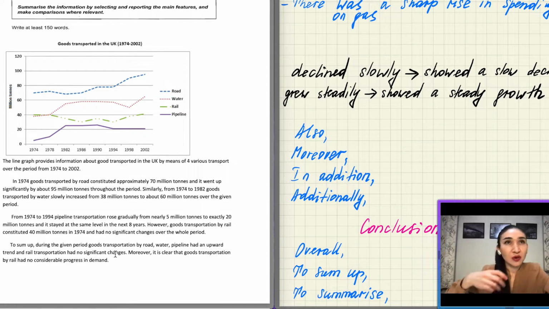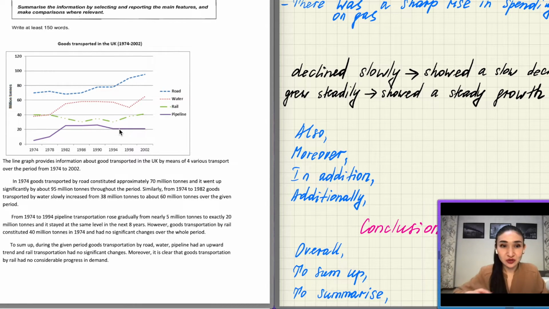It shows that you are analyzing a line graph, you are representing it, you are explaining in detail, and at the end of your writing task 1, you as an expert are saying, okay, road, water, and pipeline had an upward trend, and rail transportation didn't have that many changes.